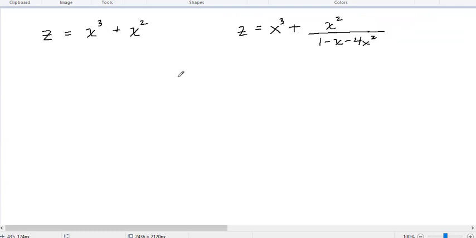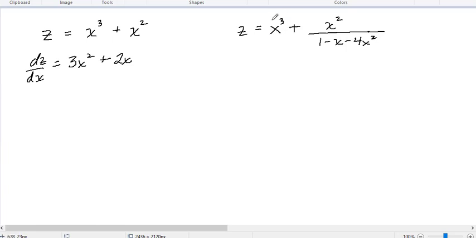Okay, a little bit about rules for taking derivatives. If you have two terms and they're added together, then you take the derivative of the first term, derivative of the second term. We've seen that already. So that would be 3x squared plus, and then the derivative of the second term is 2x. Well, you keep the same logic even if you have the first term, x cubed, and the second term is all of this together.